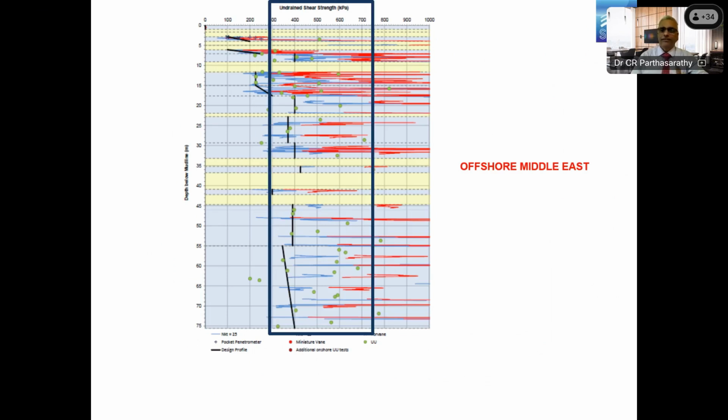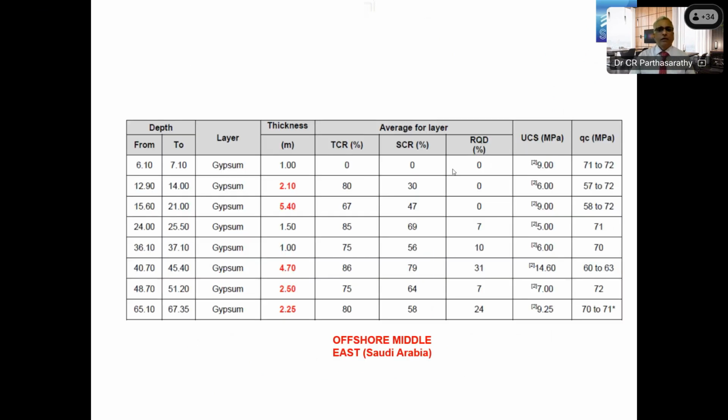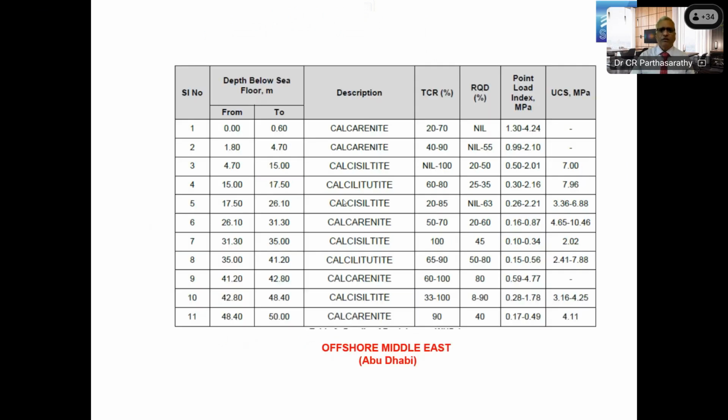Despite this, as I just showed you in one of the locations in the Middle East, you may have a problem. So therefore, look at each location every time as though you are doing it for the first time. Sometimes these Middle East locations can have intruded cemented layers, or the cemented layers could be with carbonate content. It's called calcarenite or calcite. So one size doesn't fit all.